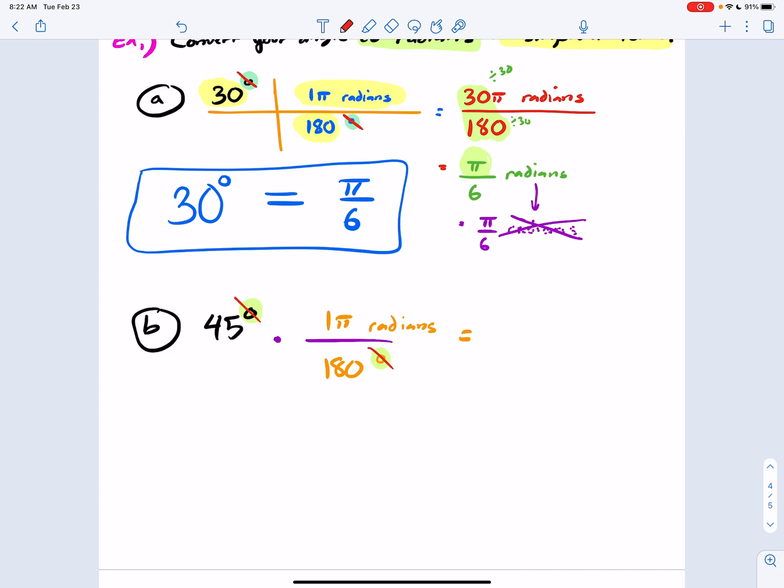There's one at the top and one at the bottom, so it can reduce. And you're just left with 45 pi radians over 180. Not degrees, just 180 because the degrees canceled out. You now want to check to see if you can reduce that right there. Pause here and try to reduce that as much as possible.